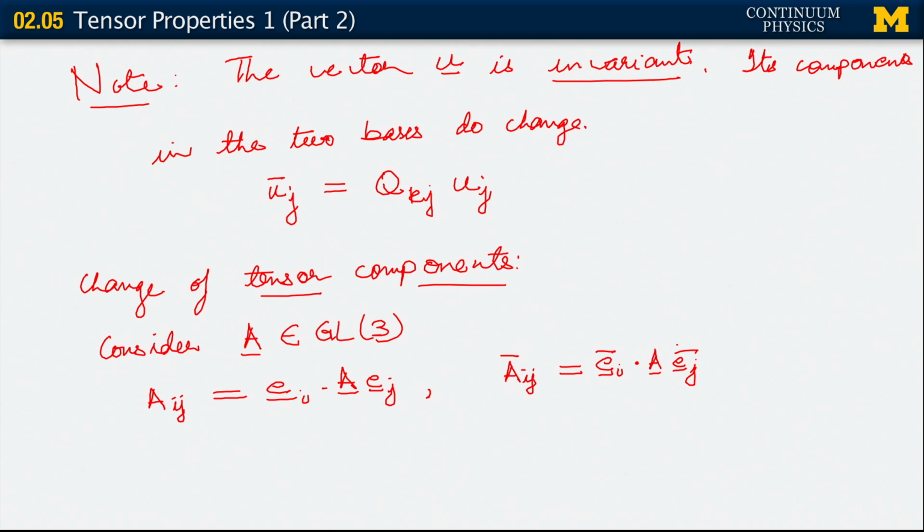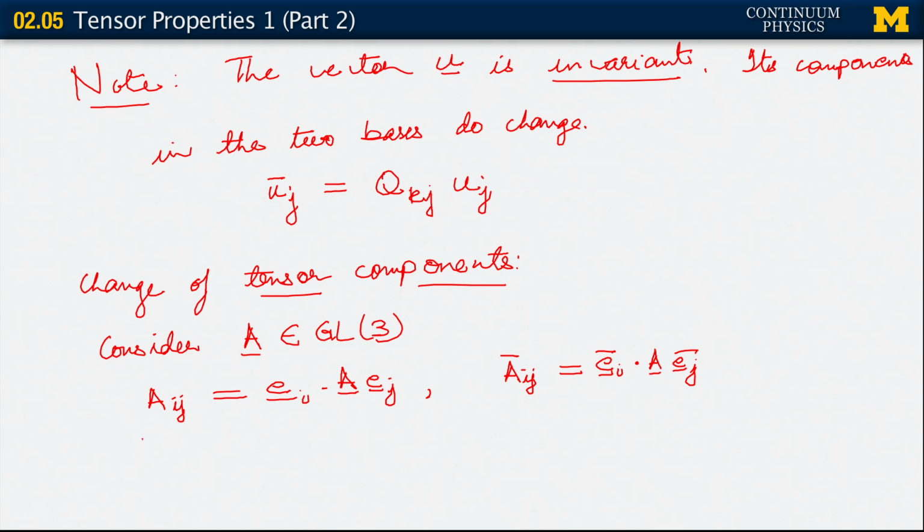And now, as before, we are going to ask the question, how do we relate A bar ij to Aij? The approach we're going to follow is just what we did for vectors, except the fact that we have two basis vectors involved in this product to give us the components.